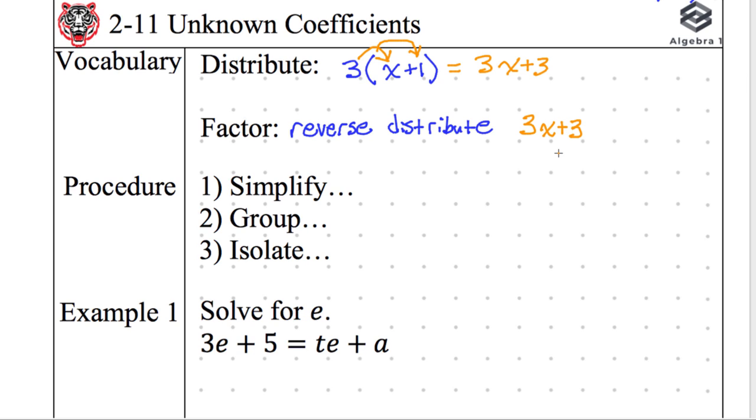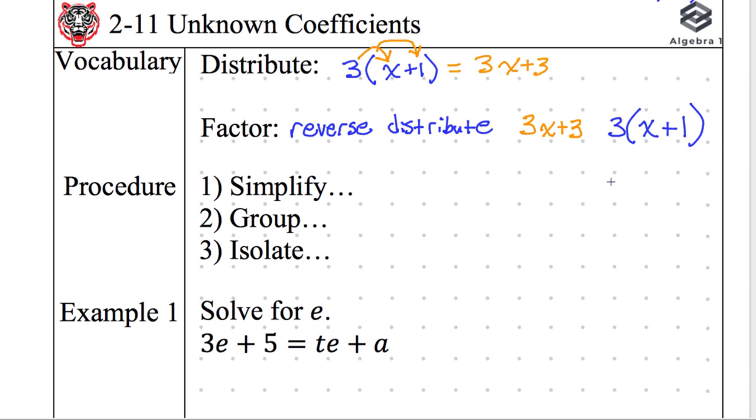If they can be divided by 3, take that 3 out. This will turn into a 3 outside. And then you say, okay, now I'm going to divide each of these by 3 since 3 is the common factor. 3x divided by 3 is just x. 3 divided by 3 is 1. Anything divided by itself is 1. And there's how you go backwards.